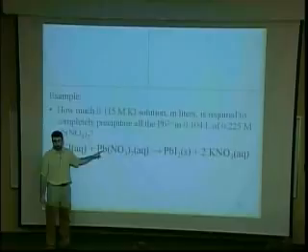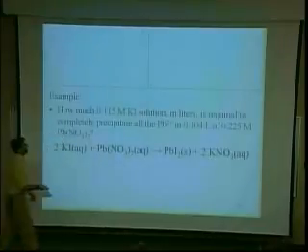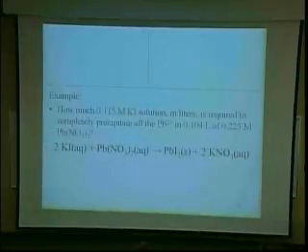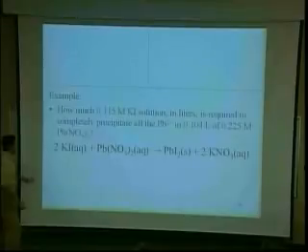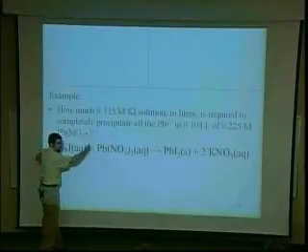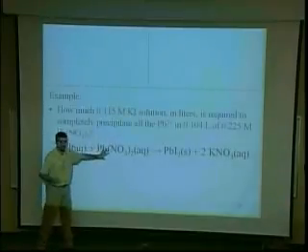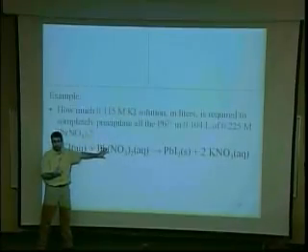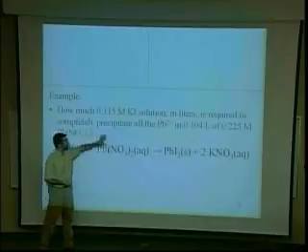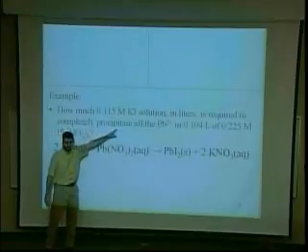That's what this is asking. Okay? So, if you want to completely precipitate all the lead ions, that means you want to react this, whatever ratio you need to react it with, so that you can pull apart all of these lead and put all of it into solid form, so that none of it's still floating in solution. Okay? That's what it means to completely precipitate all the lead ions.